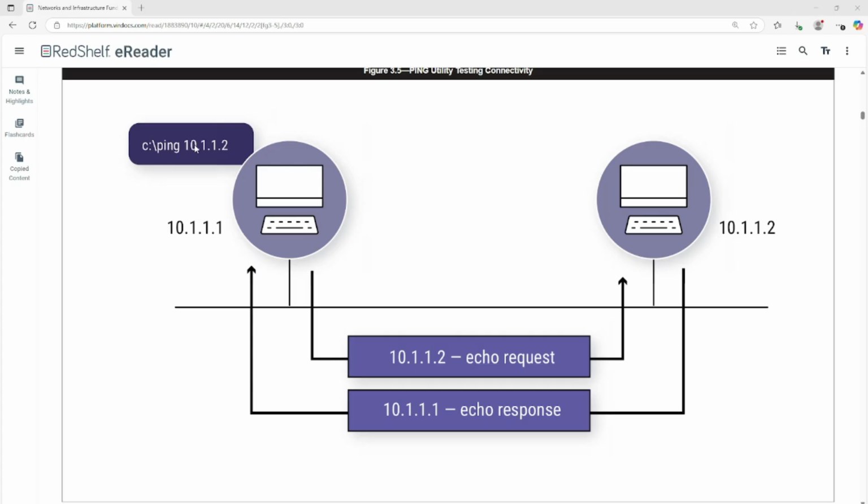If you have an address of that device, you type ping, the address, and hit enter. It's going to send an echo request. It's like you knocking at somebody's door and waiting to see if the person is going to respond, to know if the person is in the house or not. You have the person's address, but you don't know if the person is there.